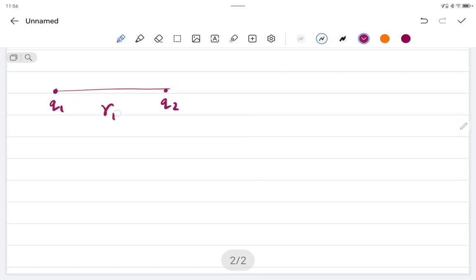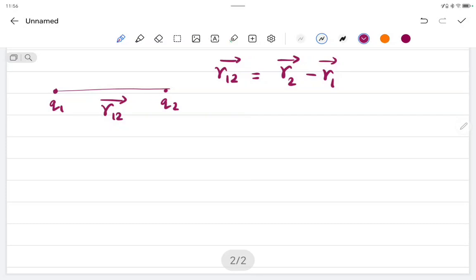We take it as R12. This is the position vector. What does it actually mean? It is nothing but R2 minus R1. In terms of vectors, we represent it like this. If it was Q2 to Q1, it would be R21, that is R1 minus R2.